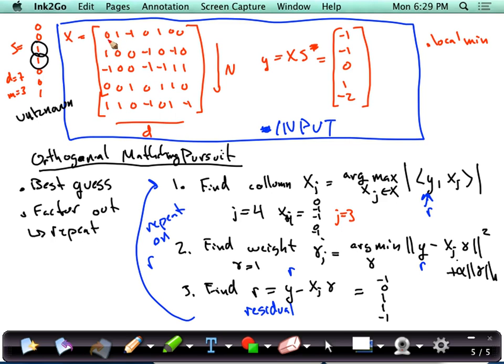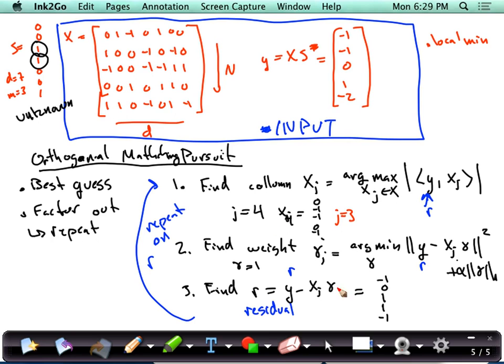If we looked at the first column, we get a 0 here. This is a -1, a 0, also a norm 2. This is a 0, a 0. This is a -1, a 0, and a +1, and these cancel out. So the norm of the fourth column is now 0.